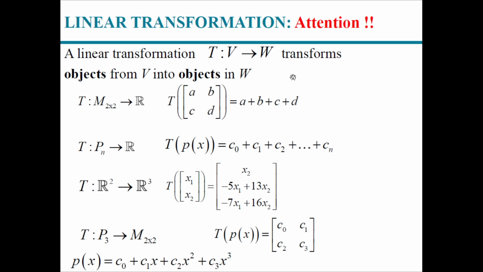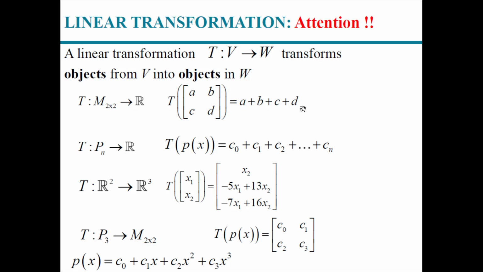Now I stress on the word object because here you have a linear transformation that takes 2 by 2 matrices and does something to them and transforms them into real numbers. So this is what happens. Let's say this is a linear transformation that takes a 2 by 2 matrix with components A, B, C, D, and associates to this matrix a real number that is actually just the summation of the coordinates.